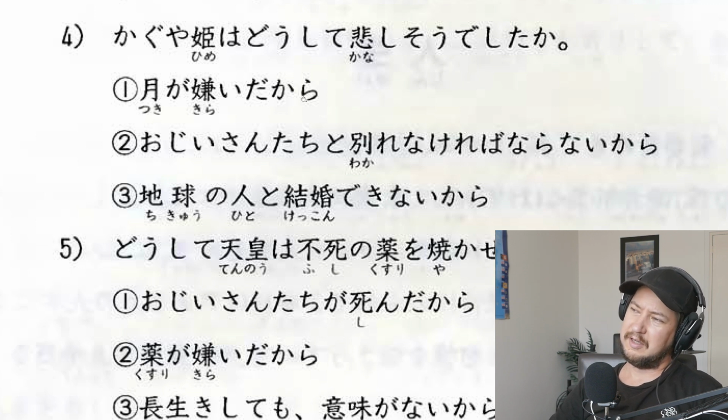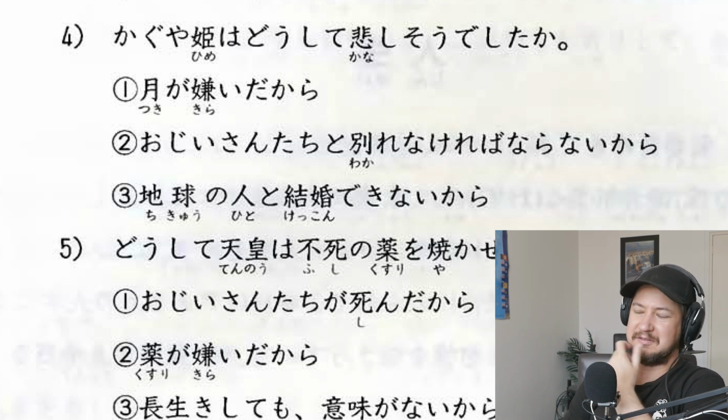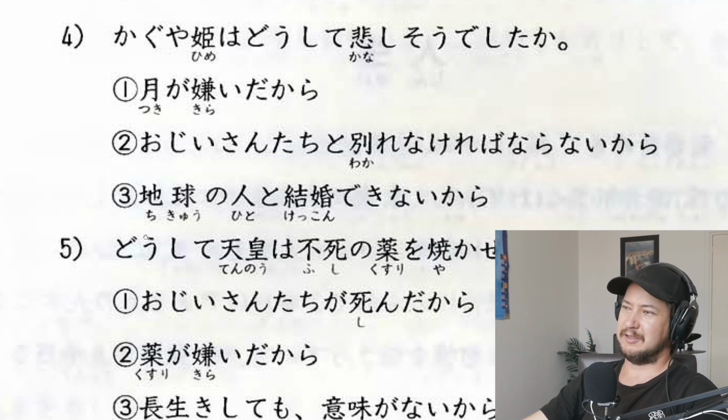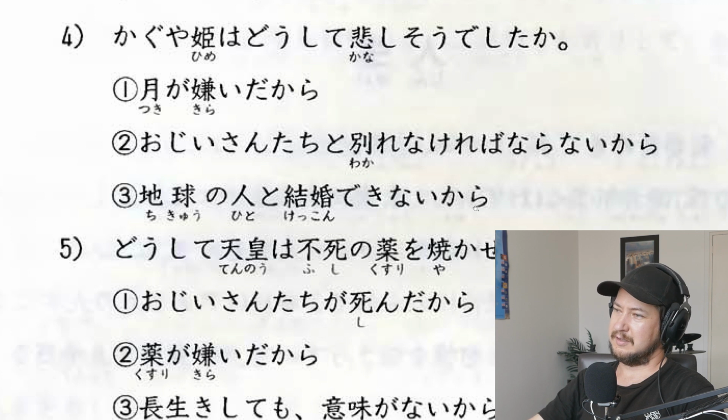It's interesting, but I think it's both 2 and 3. And I don't think she hated the moon, but what would be the number 1 reason? Well, why did she even come to planet Earth, I don't know. There was a magical light, she appeared, and then she flew into the sky to the moon years later.